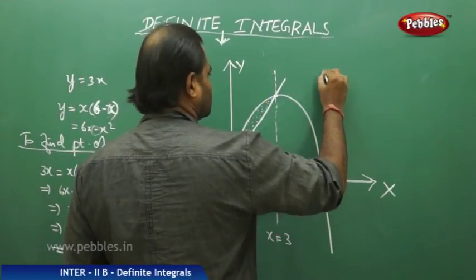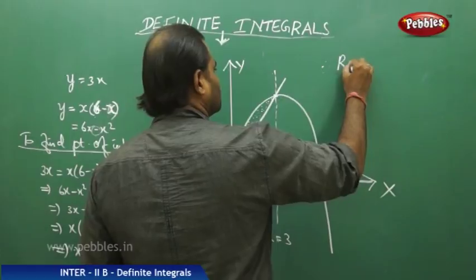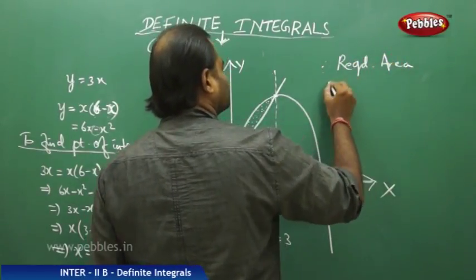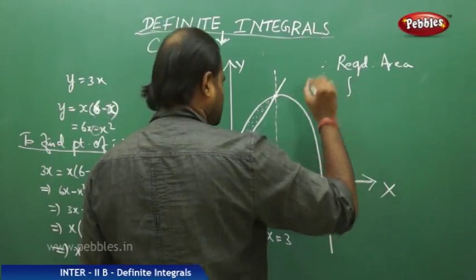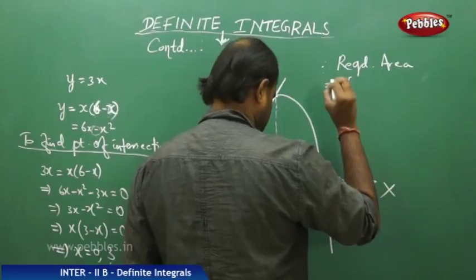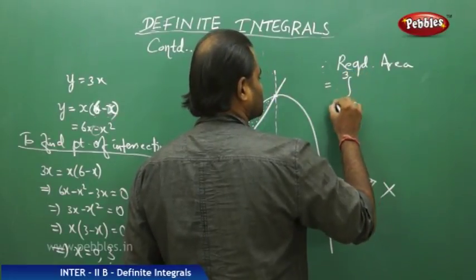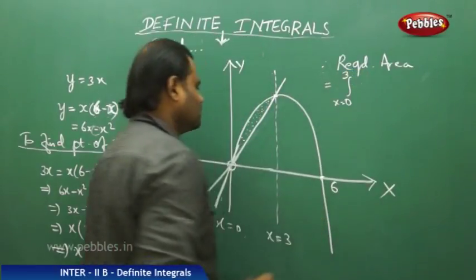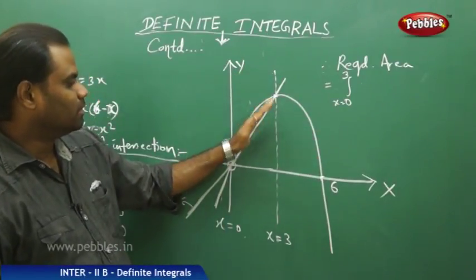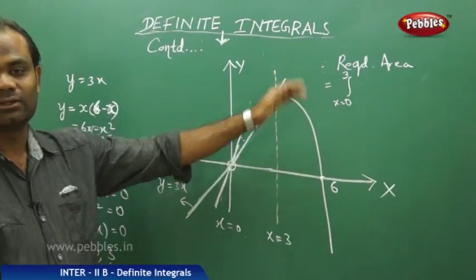So therefore the required area of the shaded region is the integral, lower limit of x with respect to the x-axis and upper limit of x, of the upper curve. As I see, the upper curve is the parabola, and the line is below the curve, so the line is the lower curve.